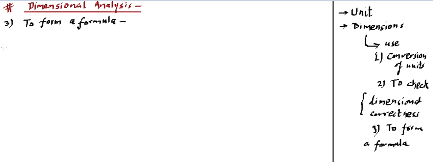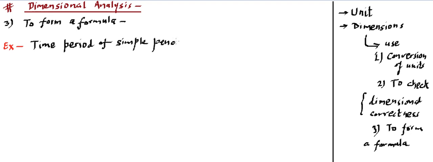So let's take an example and we try to learn how that formula we can derive or form using this dimensional analysis. So in this basic example, let me write the example over here. It says time period of simple pendulum, you might be knowing what a simple pendulum is.